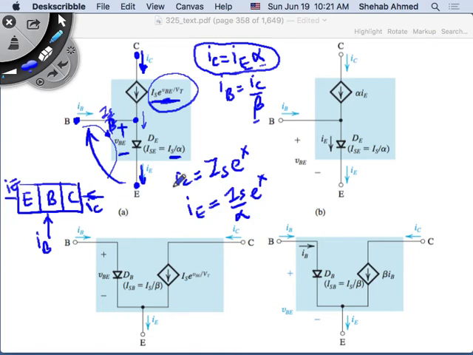But this is a circuit model that has input on one side, output on the other, and the base is the common terminal between them. That's common between the collector and base, and common between the base and the emitter. So it's called a common base configuration. And this is, again, a voltage controlled current source.